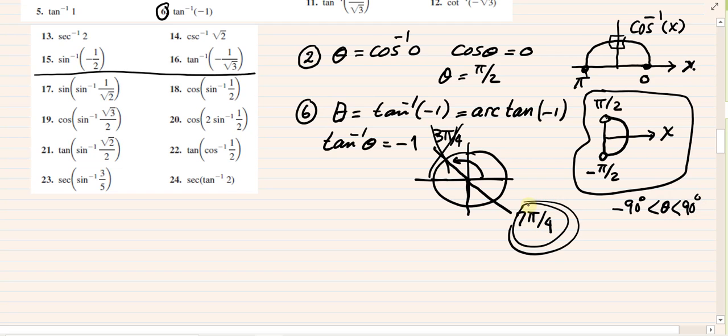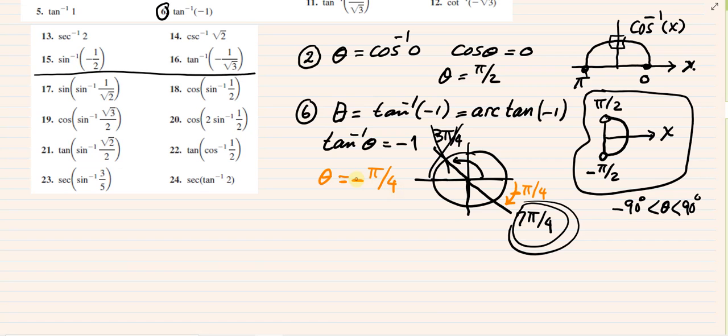In this case, we're going to go in a clockwise direction and create an angle that is coterminal to that. The coterminal angle is going to be negative pi over 4, and that puts us right inside of that fourth quadrant within the range of the inverse. Therefore, theta is going to equal negative pi over 4. You see that? So you just have to make these adjustments to find these exact values.